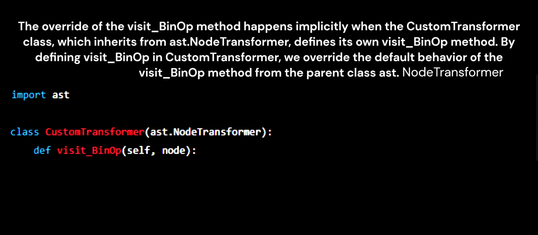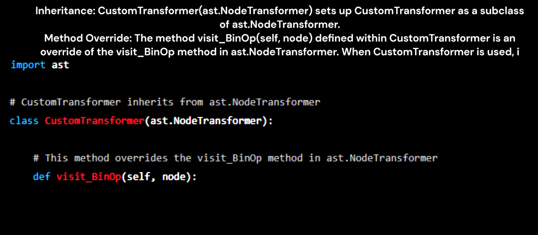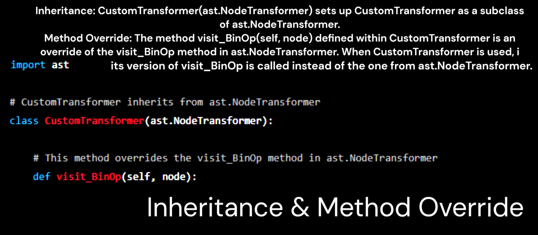The override of the visit_BinOp method happens implicitly when the CustomTransformer class, which inherits from ast.NodeTransformer, defines its own visit_BinOp method. By defining visit_BinOp in CustomTransformer, we override the default behavior of the visit_BinOp method from the parent class ast.NodeTransformer. Inheritance: class CustomTransformer(ast.NodeTransformer) sets up CustomTransformer as a subclass of ast.NodeTransformer.